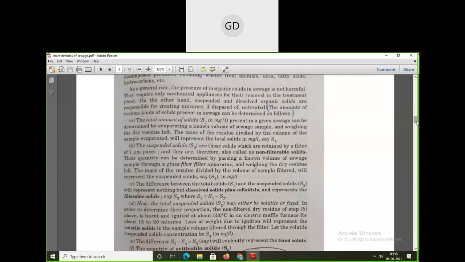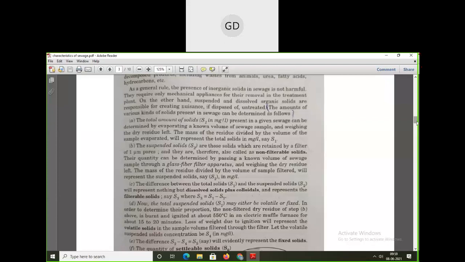You take a sample of the wastewater and evaporate it. After it has been evaporated, some residue will be left. You weigh the dry residue left after evaporating the sample.